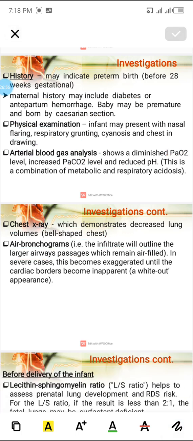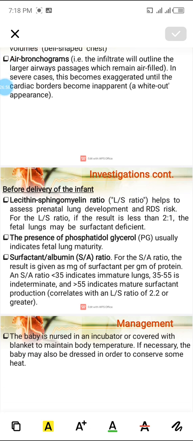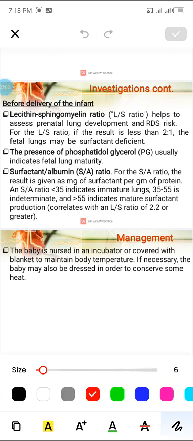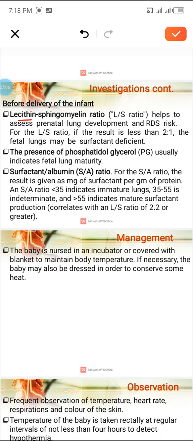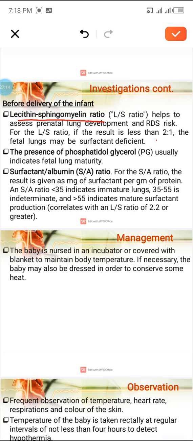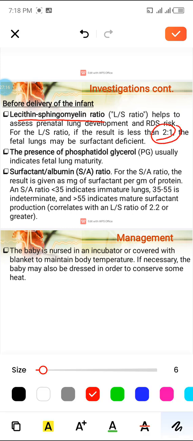Okay, then other things that are very important about the investigations will be for you to know what we call the lecithin sphingomyelin ratio. This sounds not necessary, but you find it in one word answer or sometimes in MCQ. So they'll ask you mostly about the ratio. What ratio is there? So the ratio is 2 to 1, meaning that lecithin is 2, sphingomyelin should be 1.